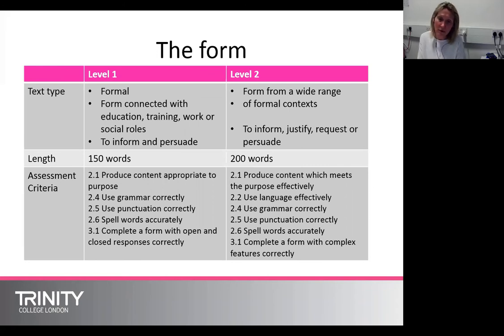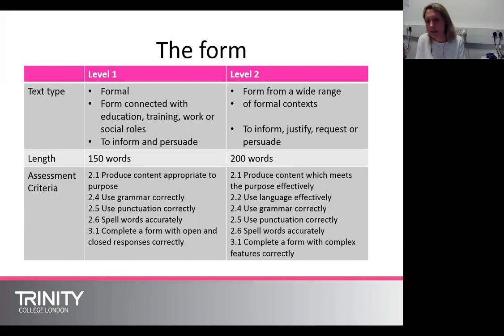A candidate does not have to necessarily produce every single item on that list to be awarded a 4. 4 is awarded if the candidate used a wide range of the features of the amplification, and they used it consistently. But that has to be appropriate for the task, and that has to be at level 2.